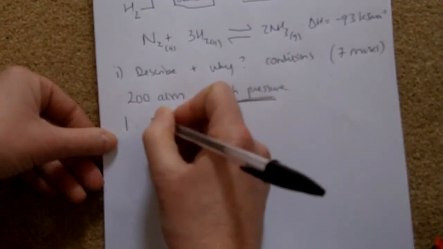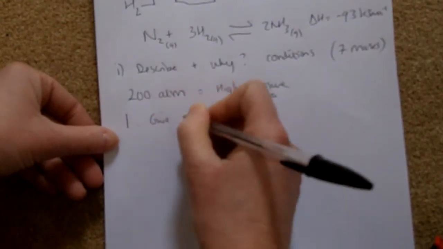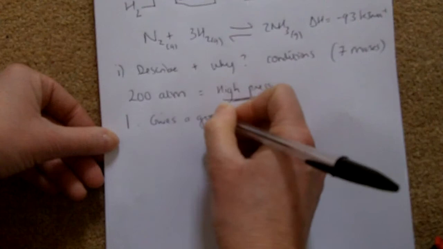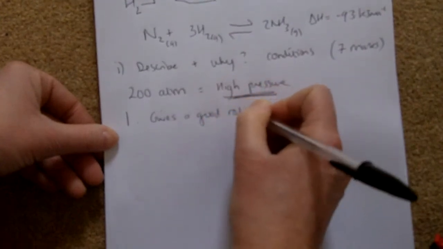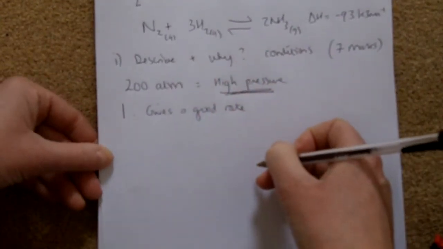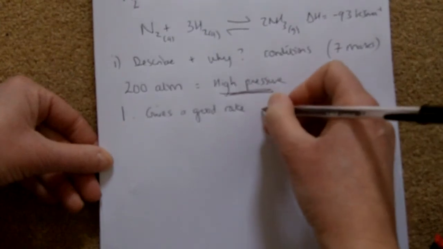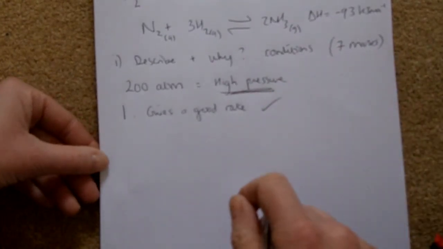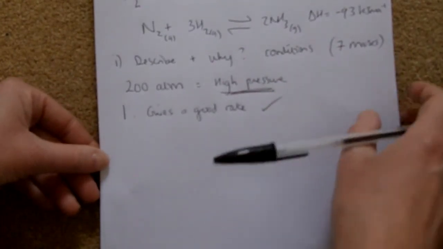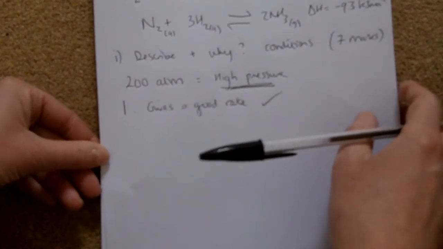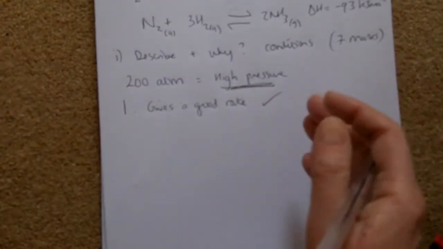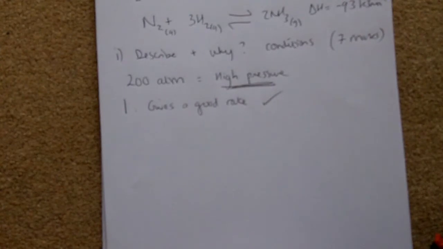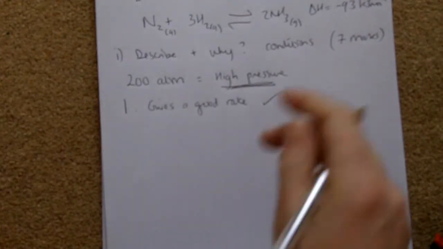A high pressure gives a fast rate of reaction. That's 1 mark, because if you use high pressure, the molecules are close together, and so there are more frequent collisions, more successful collisions.